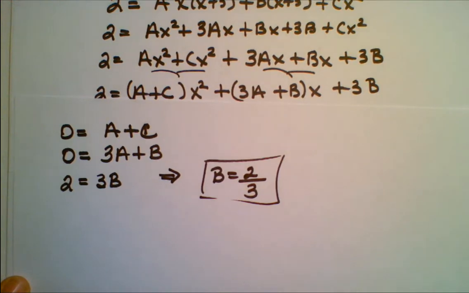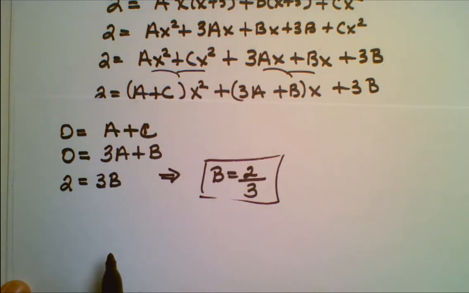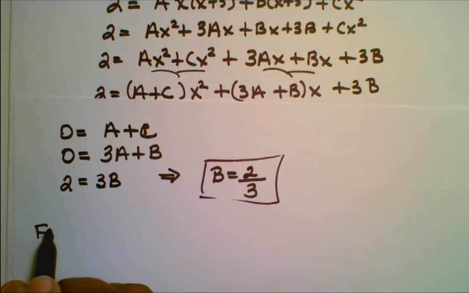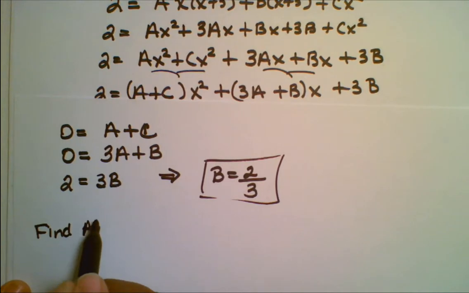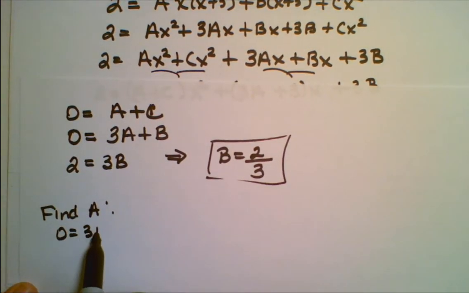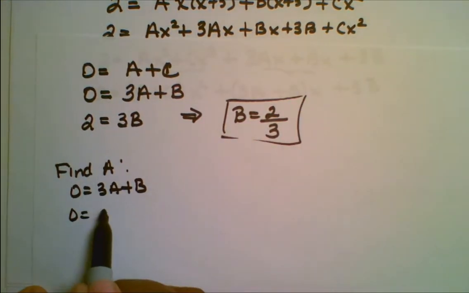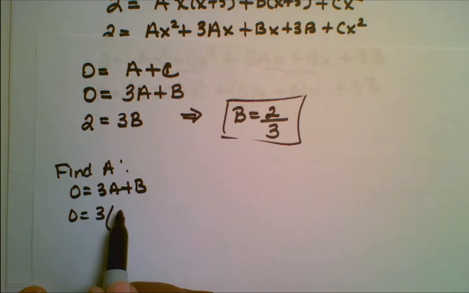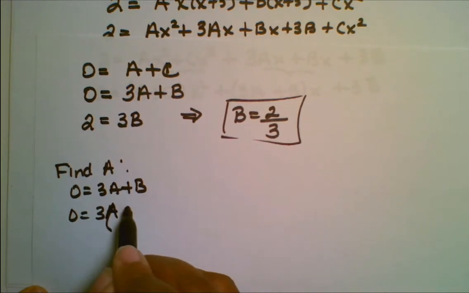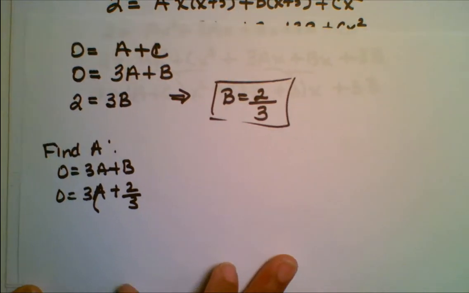Let's find a. We're going to use the second equation. 0 is equal to 3a plus b. 0 is equal to 3a plus 2/3. Multiply every term by 3.